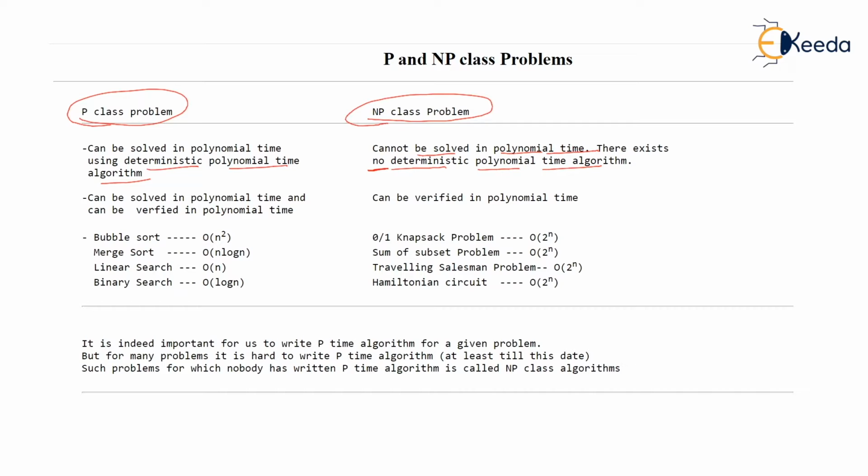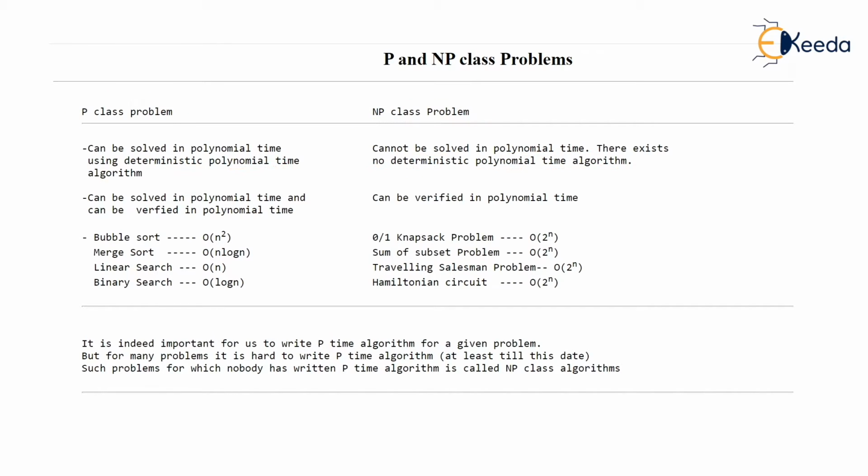We don't have any deterministic polynomial time algorithm which will solve that NP class problem. Such problems are called NP class problems. Till this date, there are many such problems for which people are trying hard to write polynomial time algorithms, but they are unsuccessful till this date.